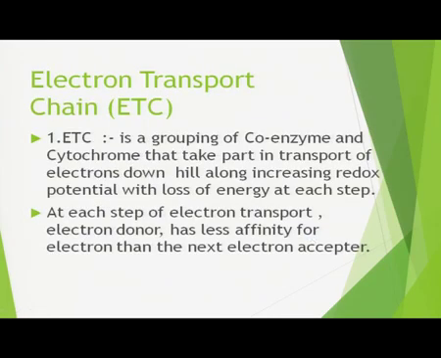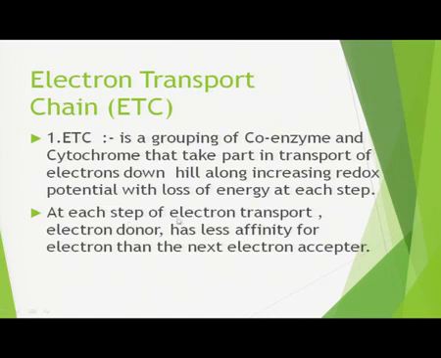Now, the electron transport chain is a group of coenzymes and cytochromes. It is a group made by different types of coenzymes and cytochromes that take part in the transport of electrons downhill along the increasing redox potential with loss of energy at each step.